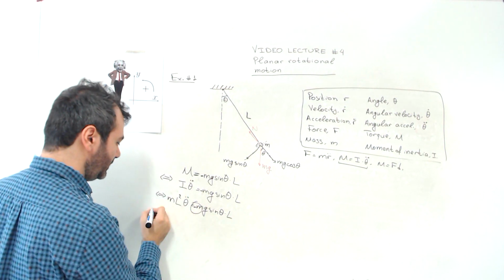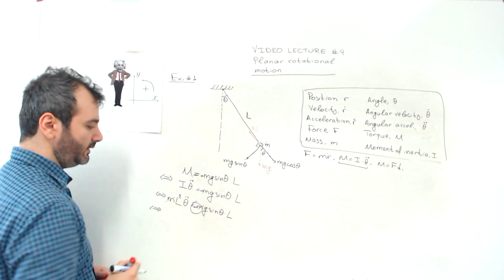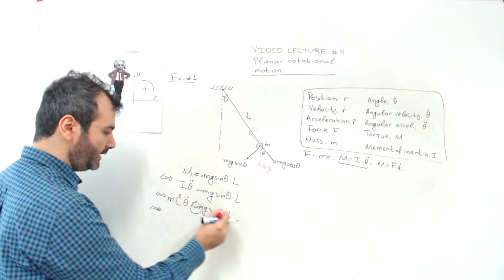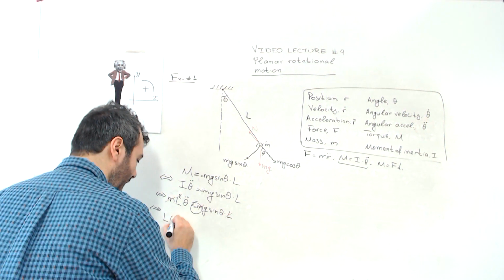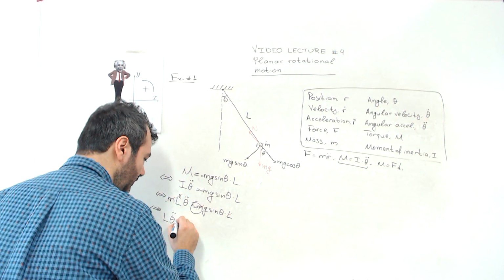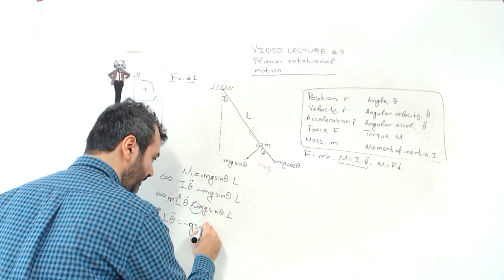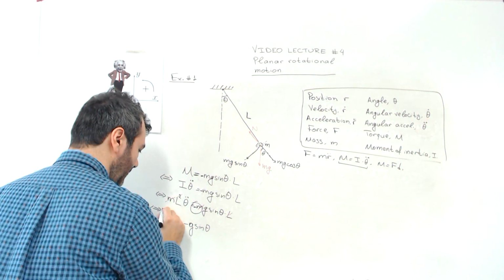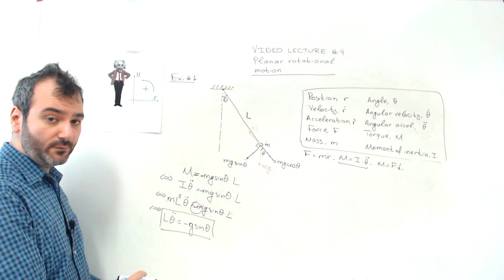There is a minus here, equivalently, and we will divide by m, we will divide by L, and the equation of motion becomes L theta double dot is equal to minus g sine theta. That's it. This is the equation of motion.